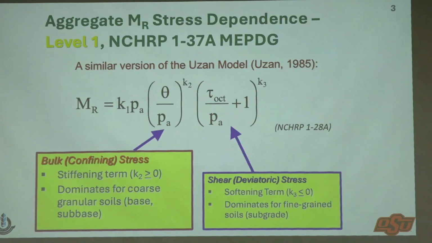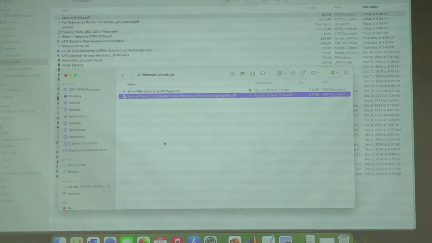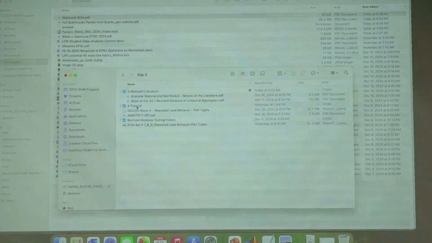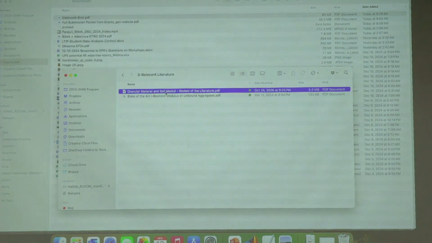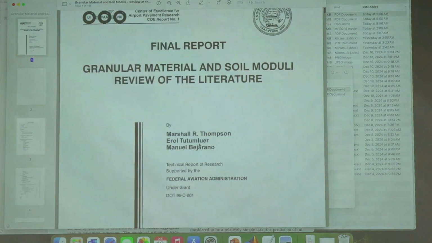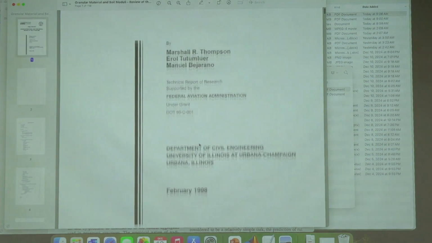Oh yeah, another one. Oh, I forgot. I think this was sent to you as well last night when I was sending emails at ungodly hours. This is a literature review report that Errol Tutumler wrote when he was a postdoc, called Granular Material and Soil Moduli Review of Literature.